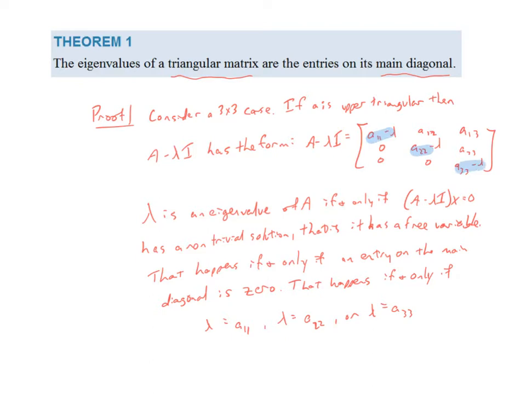And there we have the conclusion to our proof. The eigenvalues are on the main diagonal, because that's what would need to be 0 to have A minus lambda I times x equals 0 have a non-trivial solution.